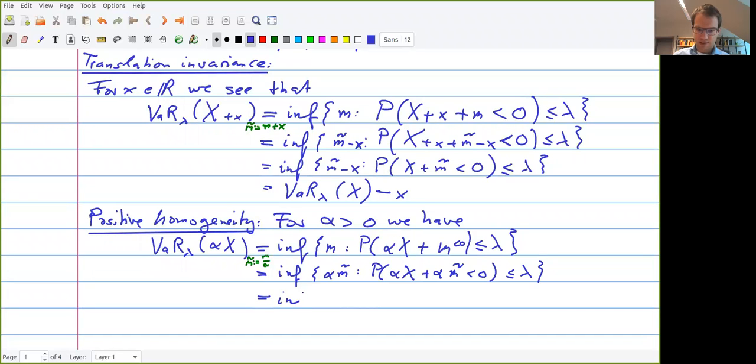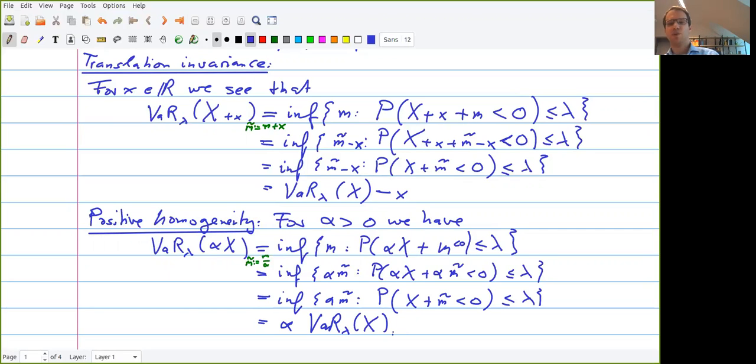Okay, so this is equal to the infimum of alpha times m tilde, and now this is negative if and only if m plus x is negative, so I can divide both sides by alpha to get that this is the same set. And here we are, that's nothing else than alpha times the value at risk at the level lambda of the random variable x. This is exactly what we wanted to show.